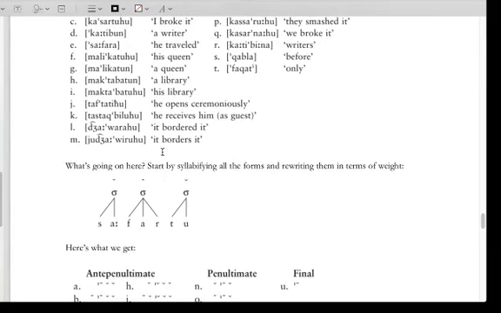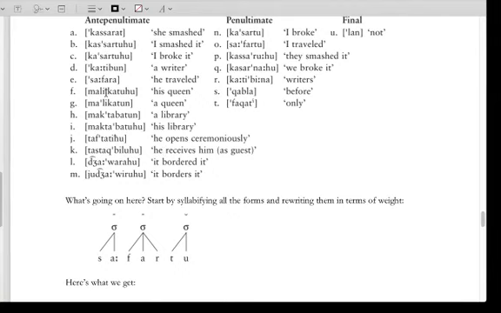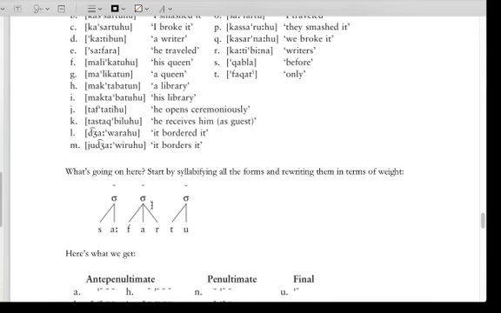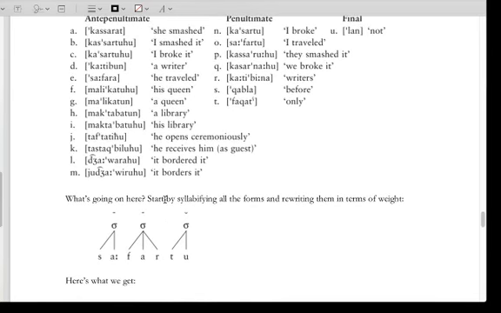And so what you can see here is that none of the words in this particular variety of Arabic begin with consonant clusters. And that suggests that anytime you have a sequence of two consonants in here, you're going to want to put the first consonant into the coda of the preceding syllable and the second consonant into the onset of the following syllable. So if you follow that algorithm, for instance, for this word safartu, I traveled, what you find here is you'll end up with three syllables, right?